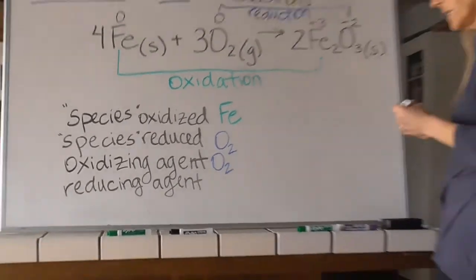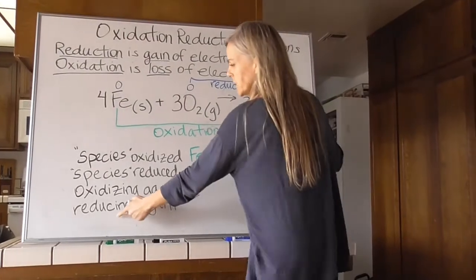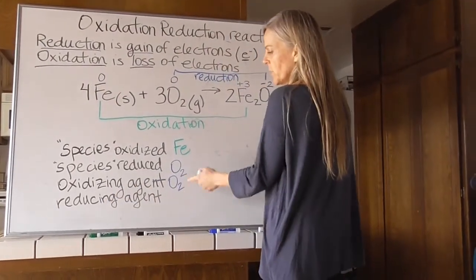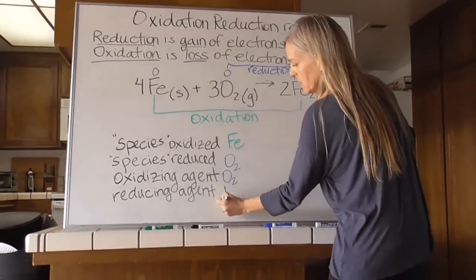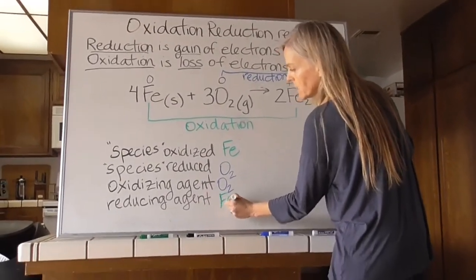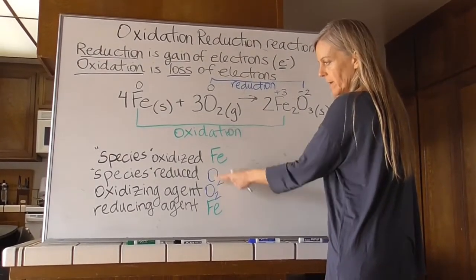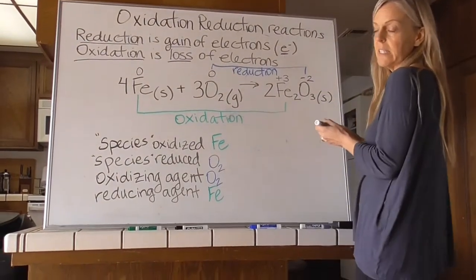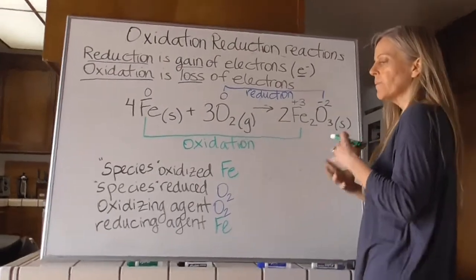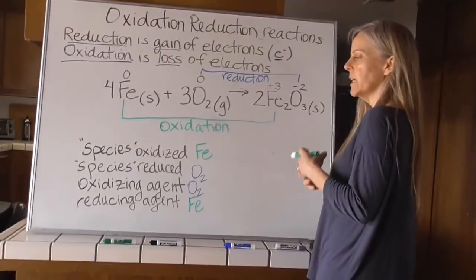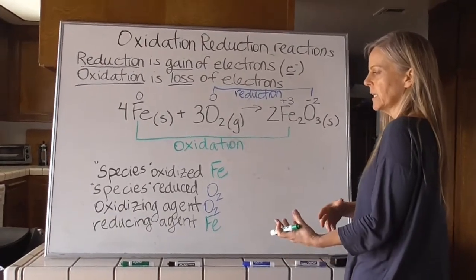And then the reducing agent, kind of the same idea. It's what caused the reduction to occur. So O2 got reduced, and it got reduced because iron caused that reduction by getting oxidized. It's kind of difficult to wrap your head around what those agents are because it's causing the opposite thing to occur.